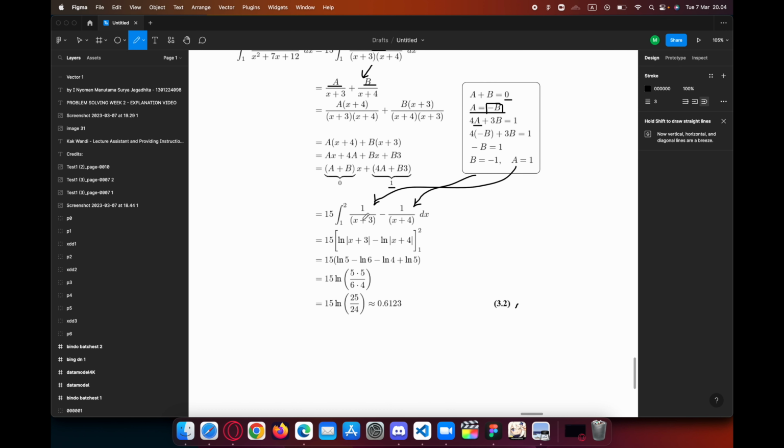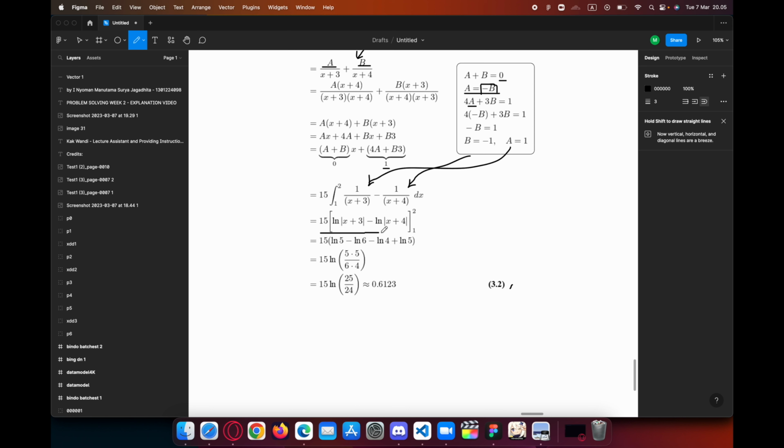We can use this one: the integral of 1 over x is ln x, so if we let this be x, it's ln x. Here x is x plus 3, so it becomes 15, still in the integral from 1 to 2, 15 times ln of x plus 3 minus ln of x plus 4.